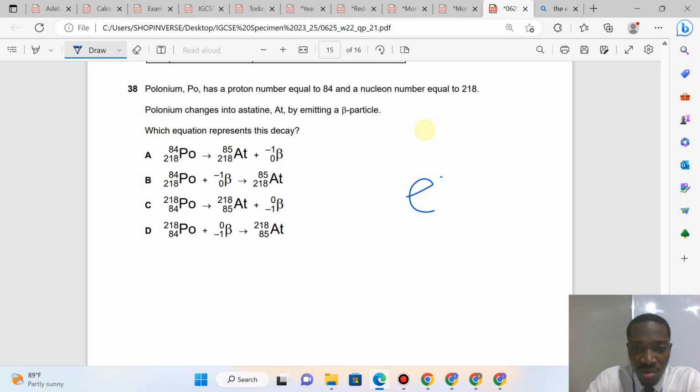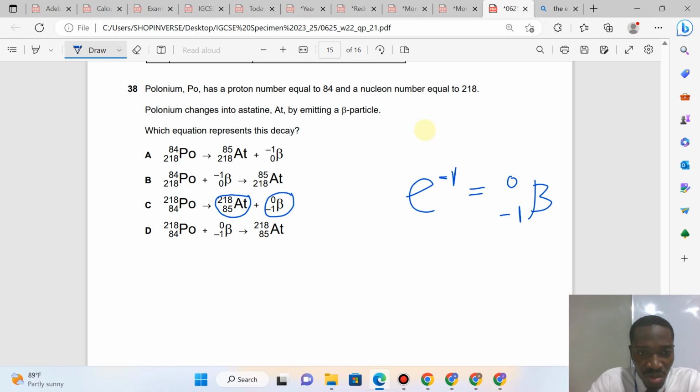An electron is a beta particle, and we always represent it as something that has atomic number of -1. Since the charge of the electron is -1, it has atomic number of -1 and mass number of 0. So which equation is that? This is the beta particle. That's correct. This is astatine.